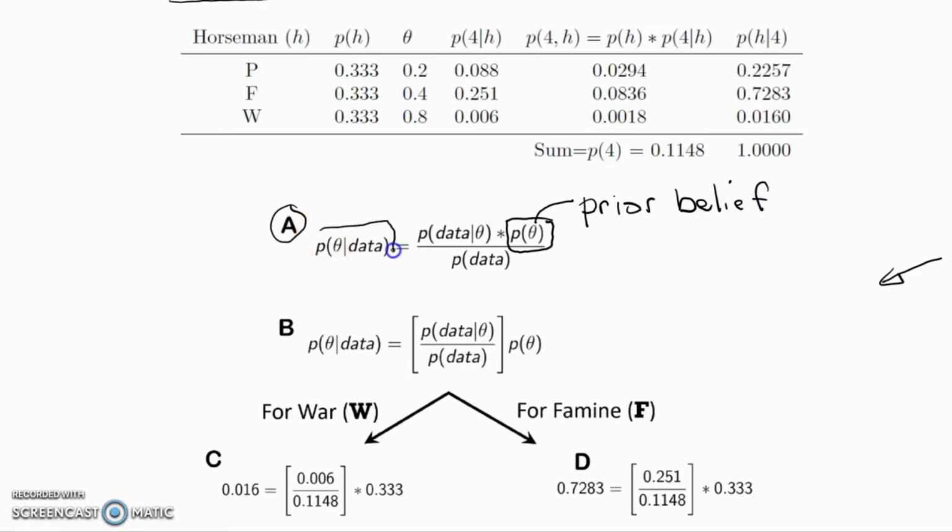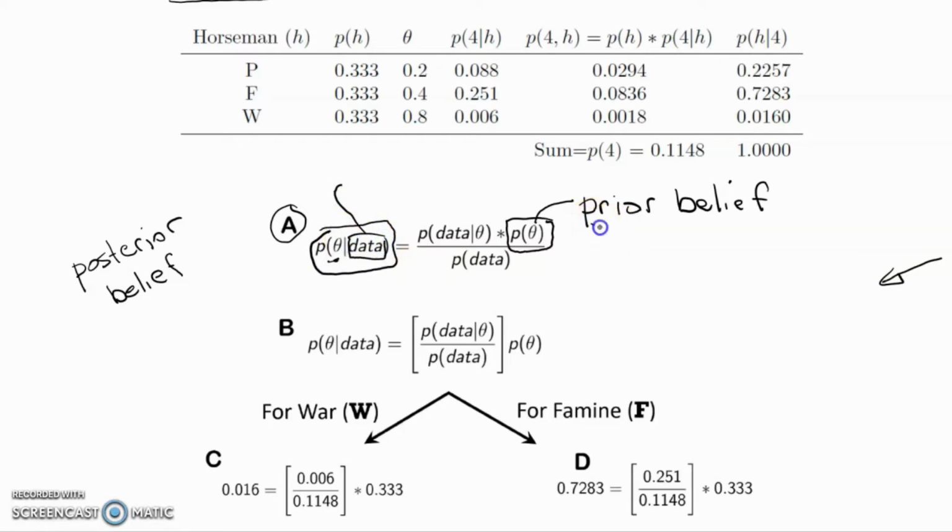And what we've got right here is our posterior belief about theta conditioned upon the data that we actually observed.